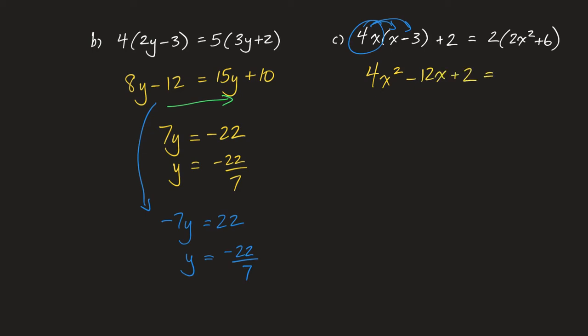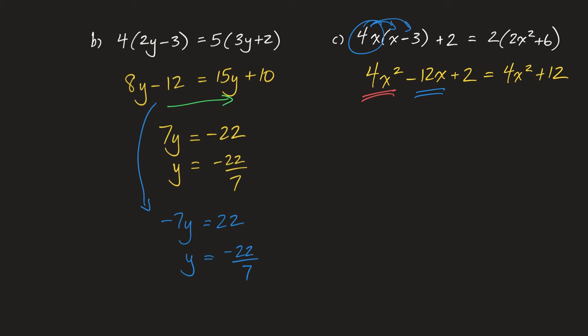Can't do anything with that 2. On the right side, I can expand in my 2. And what you'll notice then is both sides of my equal sign are already simplified. On the left side, I can't put x squared terms with x terms because they don't have the same exponent.